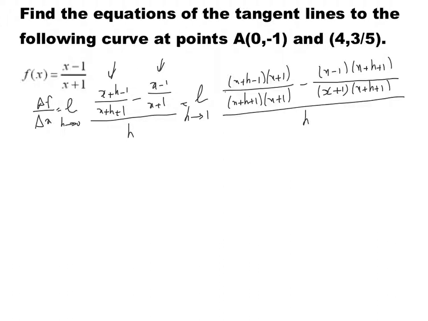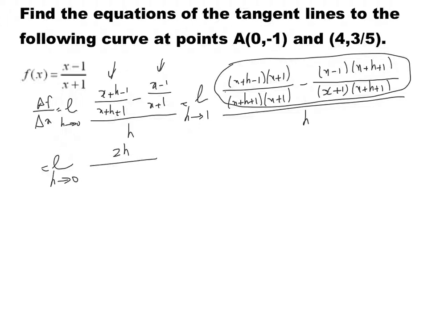Now I'm not going to go through the multiplication of all these binomials and trinomial. The final result, after you do the simplification of the numerator, is going to be the limit as h goes to 0 of 2h over h times x plus 1 times x plus h plus 1.